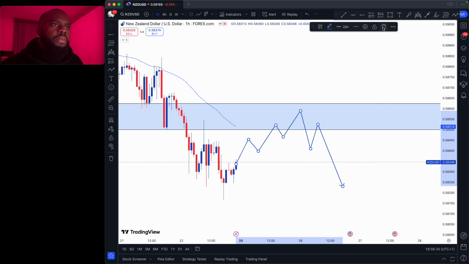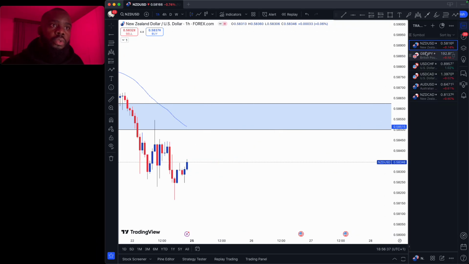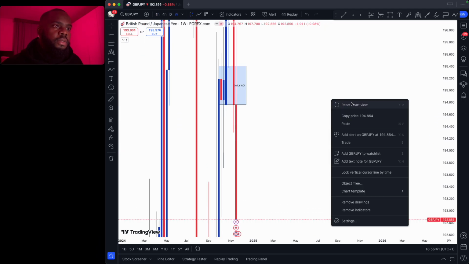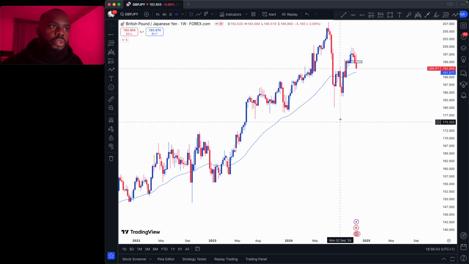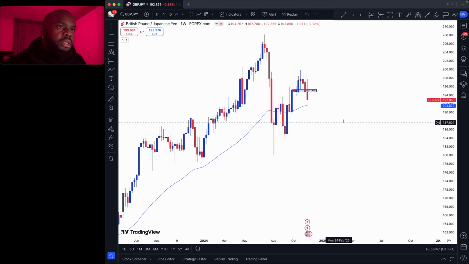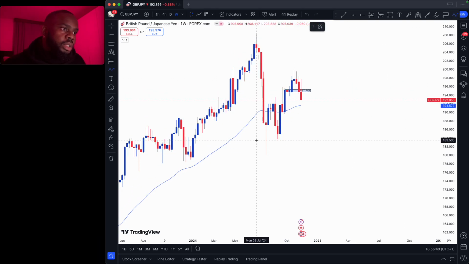So moving on, let's go to GBPJPY. We start off from the weekly. As you can see, the weekly was bullish starting from here. The weekly bullish, pulled back, closed above. Then you see the push to the downside.